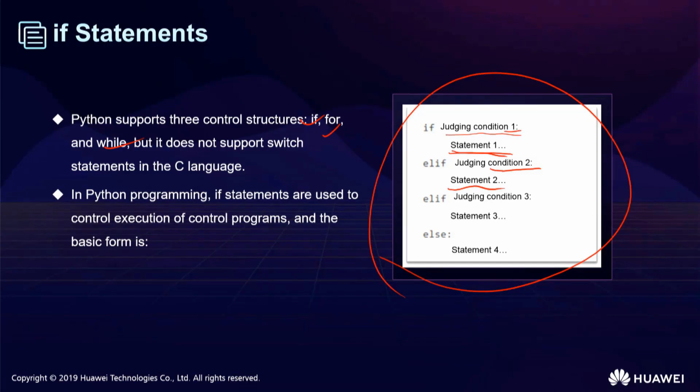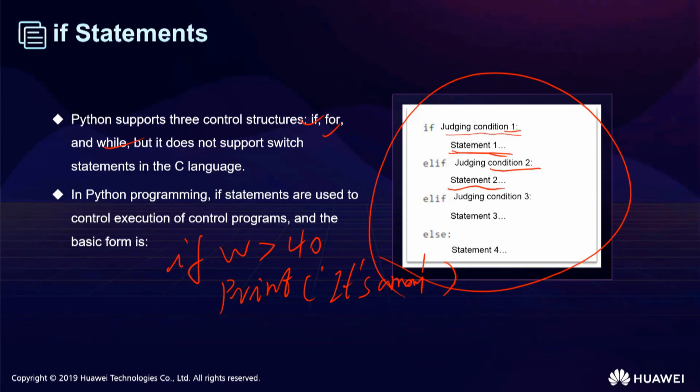Let's discern which one is a dog, a cat, or a human, for example, depending on its weight. If the weight is larger than 40 kilograms, we print it's a man.